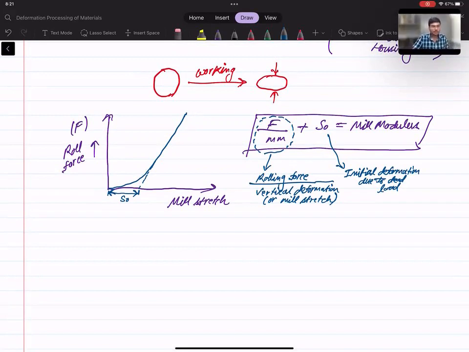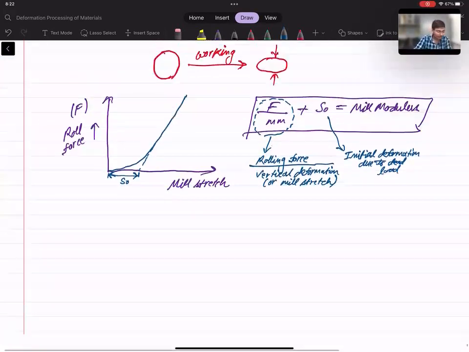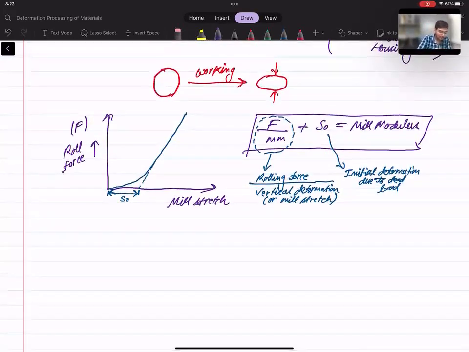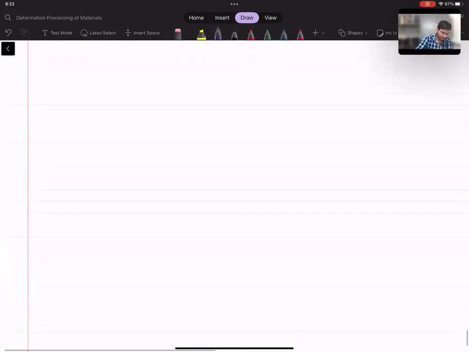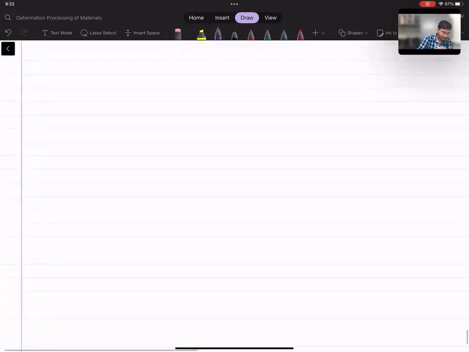Now let us see some of the parameters or mathematical things which can be controlled or which affect the rolling process. Okay, so we'll see some of them. We will see projected length, we will see the maximum draft.